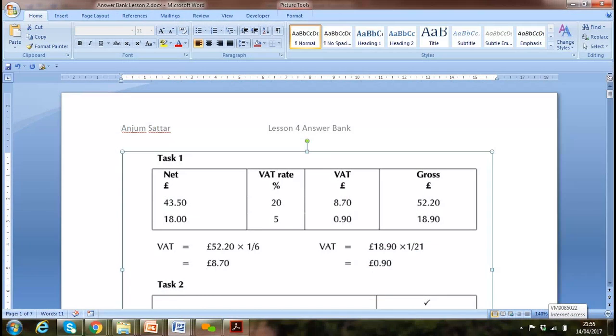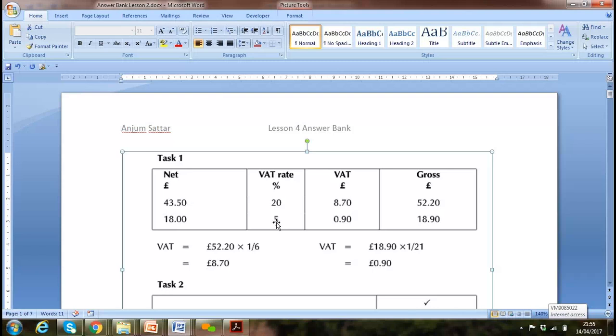Like here, if we sell things at 52 pounds 20 pence, 20% VAT on it is 8 pounds 70 pence, and the value before VAT is 43.50. You calculate 20% VAT, which is 8 pounds 50, and the total gross becomes 52 pounds 50.